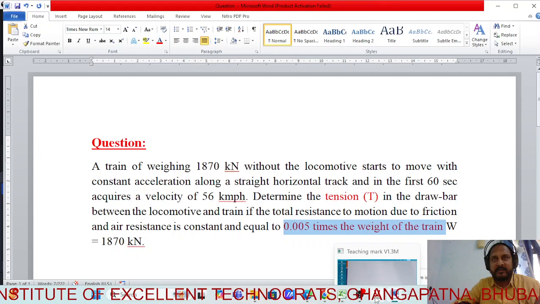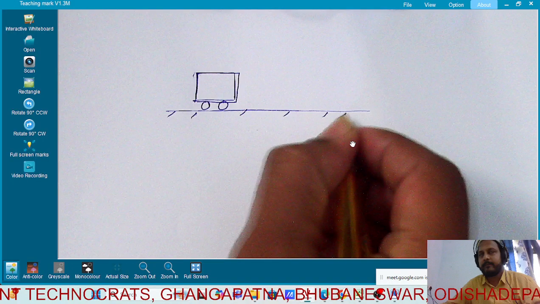Yes, sir. Okay. So now can you see the white screen here? Yes, sir. Okay. Now just try to remember the question here. I'm going to draw the diagram for that. Here you can see we will consider this as a particular train. Now this particular train is running on a railway, on a horizontal track.